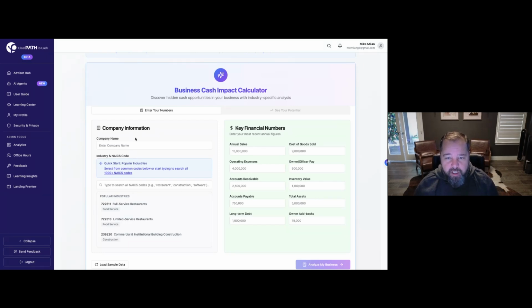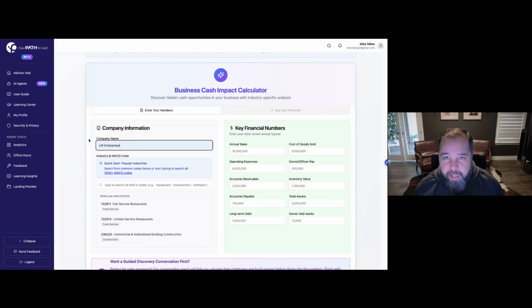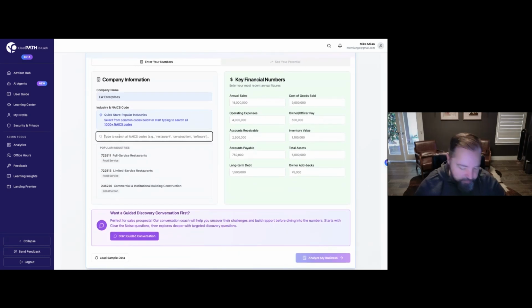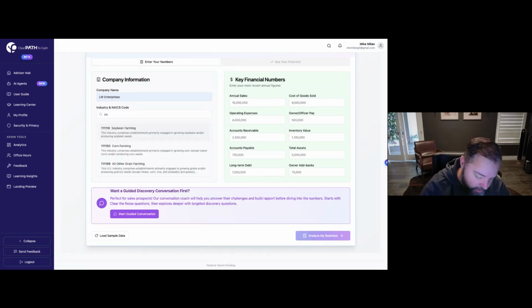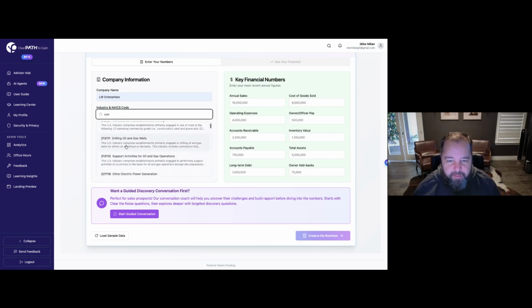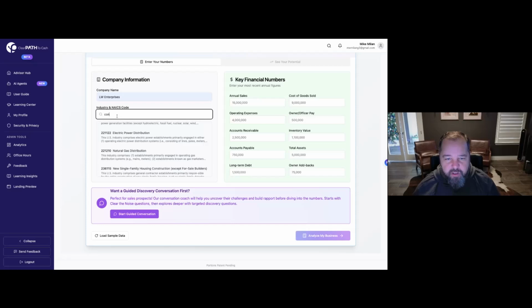So I go over to the quick assessment and I just type in their name. I'll just make up a name, LW Enterprises, and then find their industry code. Let's say they're in construction, right? I'll start typing that in, and down below I'm going to find different construction opportunities.